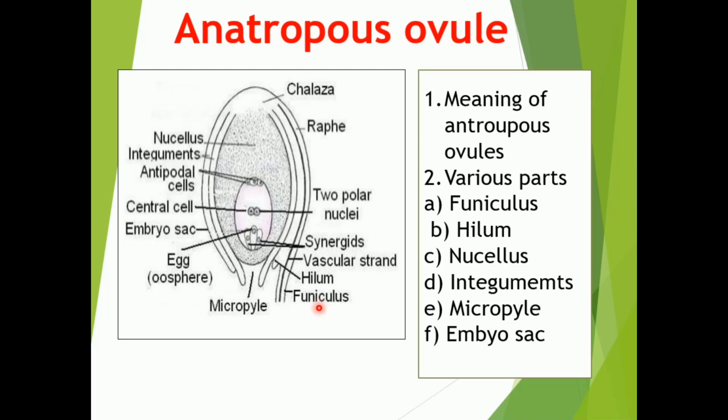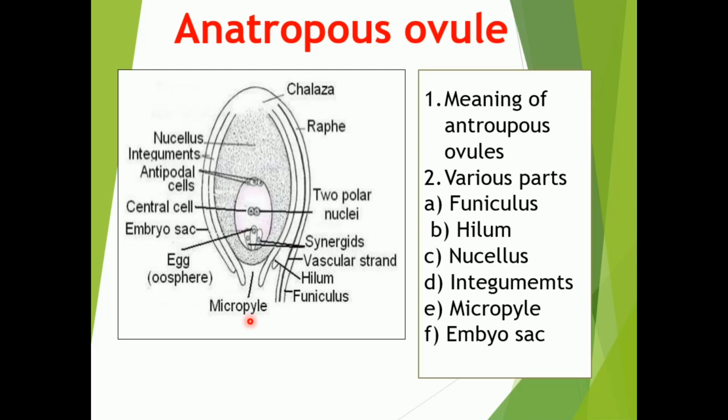The place of attachment of the funicle with the main body of the ovule is called the hilum. In angiosperms, most of the common ovules are anatropous, in which the micropyle is directed downwards and lies adjacent to the funicle.